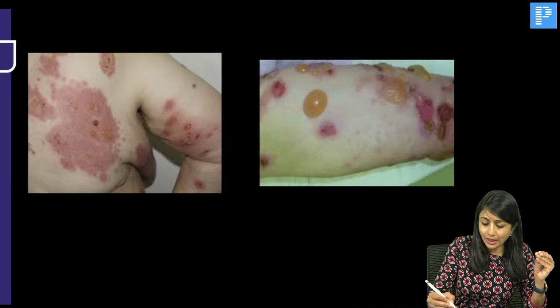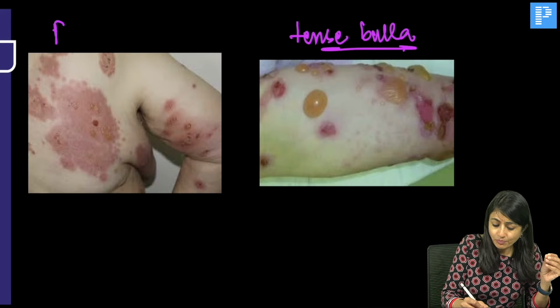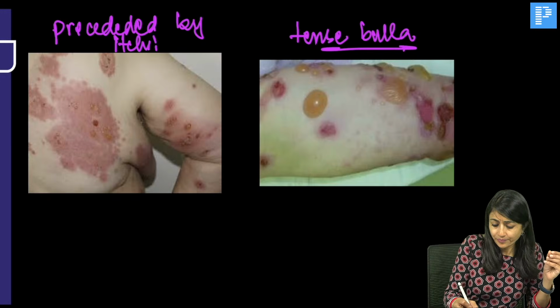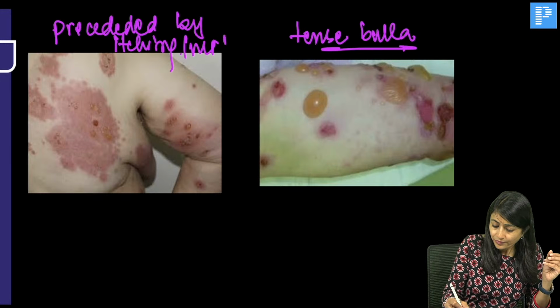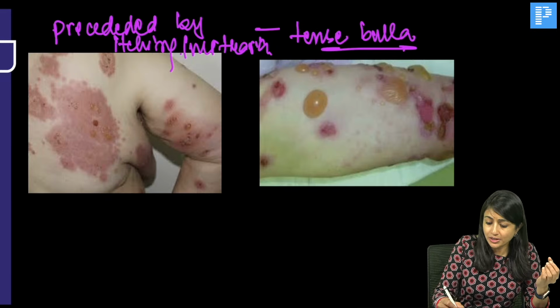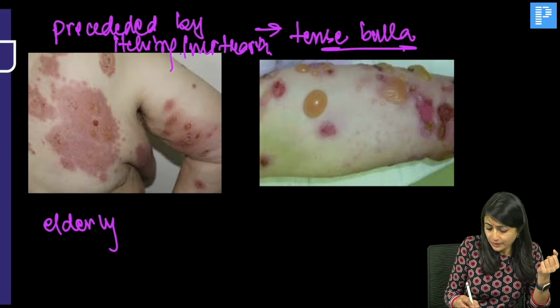Here I tell you that the bulla are tense. If I see tense bulla preceded by itching, urticaria, so if the lesions are preceded by itchy, urticarial lesions and then the patient develops tense bulla, you are usually given an elderly patient.